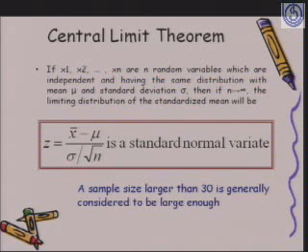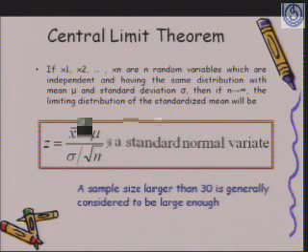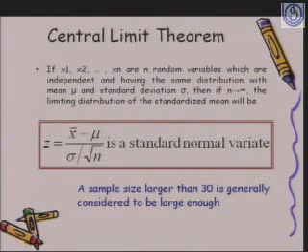What it says is that if x1, x2, xn are random variables which are independent and having the same distribution with mean mu and standard deviation sigma, then if n tends to infinity, the limiting distribution of the standardized mean will be z is equal to x bar minus mu divided by sigma under root n, and this will be a standard normal distribution. So basically, what is the central limit theorem?